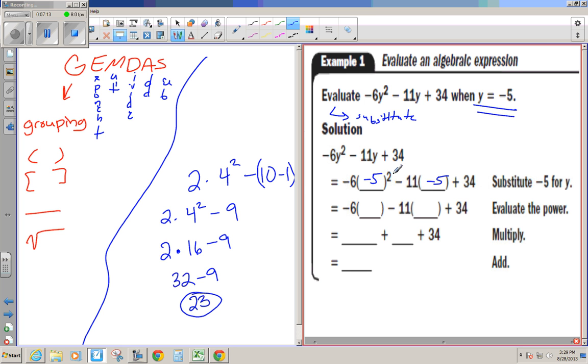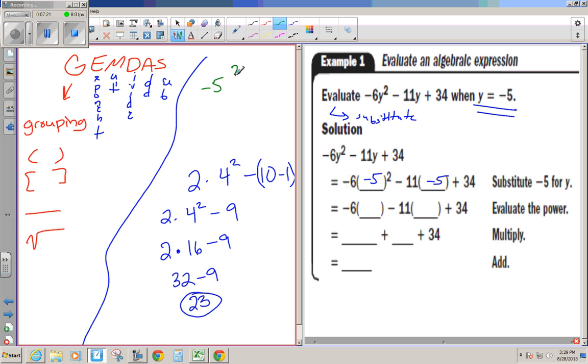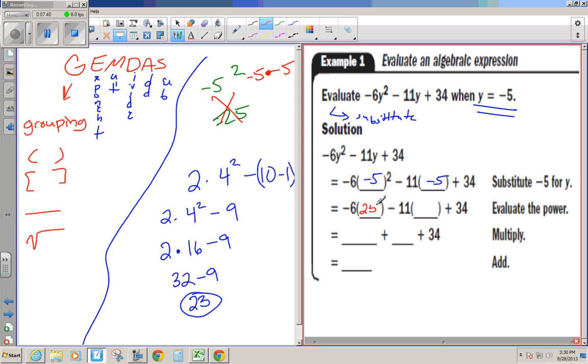-5 squared. If you try to use a calculator for this, if you do -5 squared in your calculator like that, it's going to give it to you as -25. That's absolutely wrong. You should know that -5 squared is -5 times -5, and that ends up being a positive 25. Here, just keep it -5.